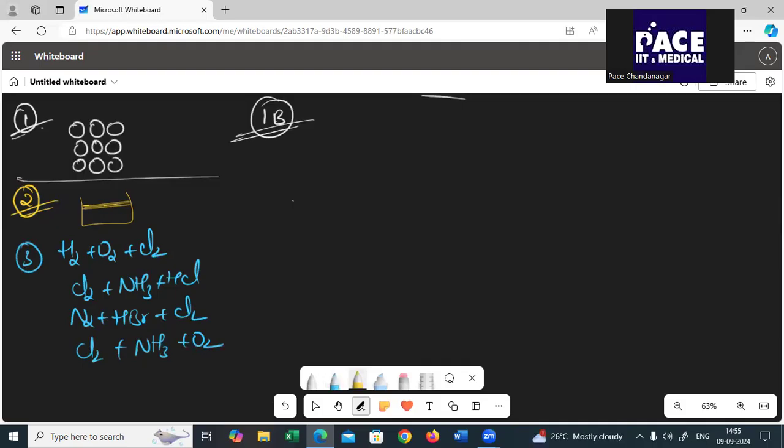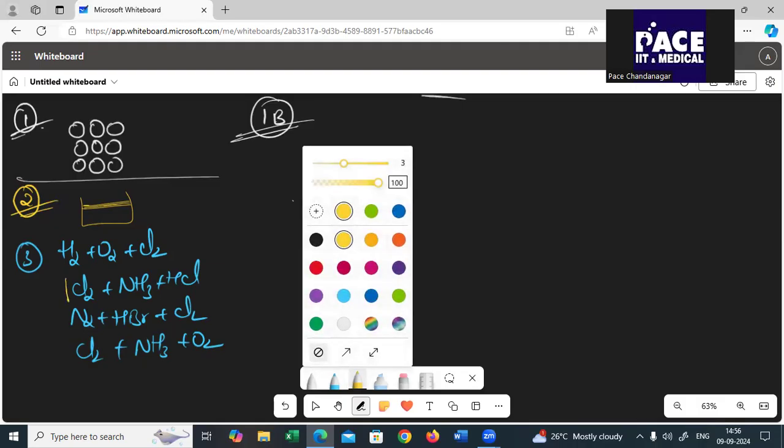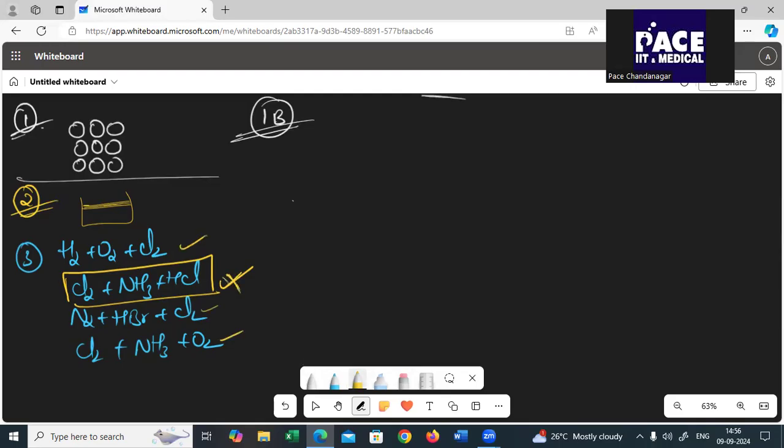So Dalton's law of partial pressures holds good only in those cases wherein the reaction does not happen. Here, ammonium chloride gets released. So here reaction is happening. So therefore, it will not hold good for this second option.